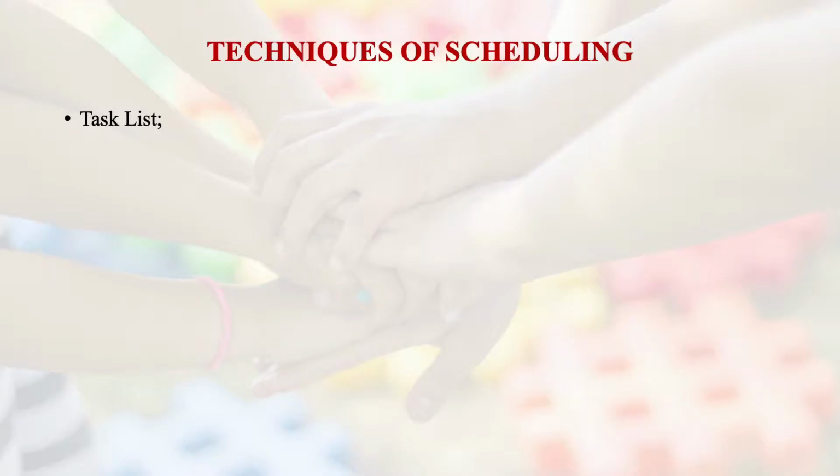Well, so far we have discussed various aspects of scheduling. But what are the techniques of performing scheduling? There are many different ways you can do the scheduling of the project, and one of them may be just creating a task list and a time schedule in that task list. That may be very simple.